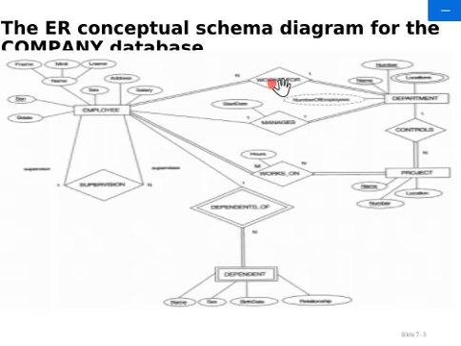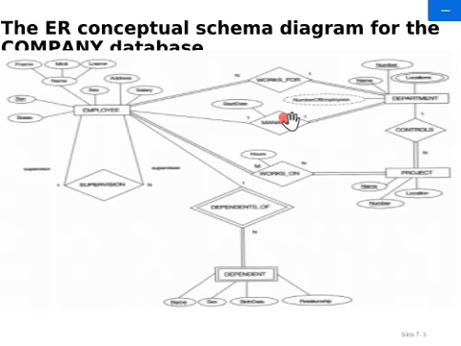Binary relationship means what? If you take works for, manages, controls, works on, dependents of, all these relationships have a maximum of 2 entities connected to them. So we call this a binary relationship. Works for has employee and department. Then manages has employee and department.